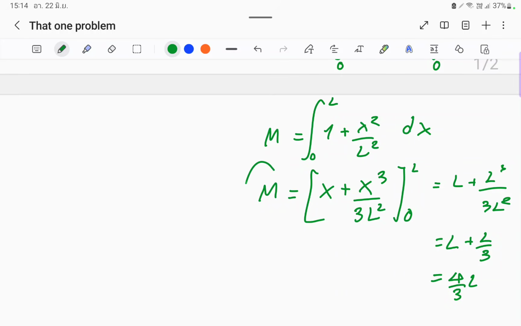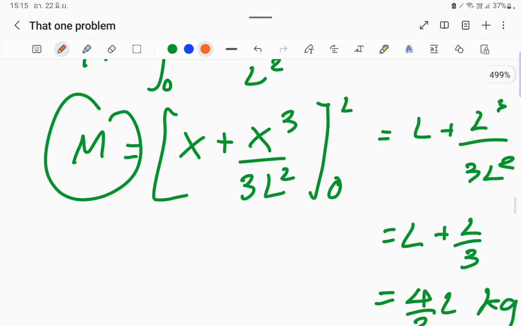This is the mass of this whole thing, and if you wonder, this is in kilograms already. But I want you to see this section, which I write as L plus L by 3. This is an indication that what you did might be right, because at least you have the same unit in the addition, like this L and this L right here.